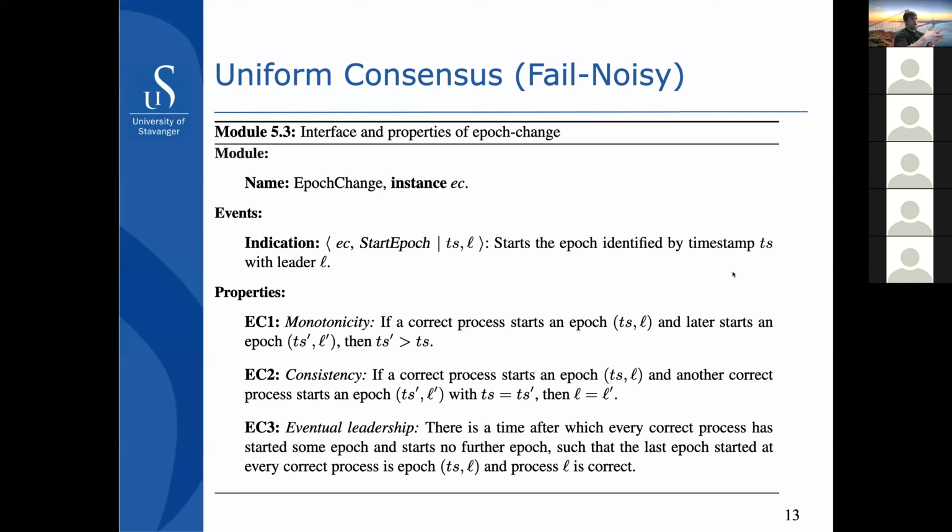Whenever we encounter a timestamp, we can think about this as a vector clock type thing, so that it's just a number that can keep increasing. And this is also captured in the first property here, monotonicity: the timestamp is only growing. So whenever you see one epoch with one timestamp, and you later see another epoch, then the later epoch must have a higher timestamp.